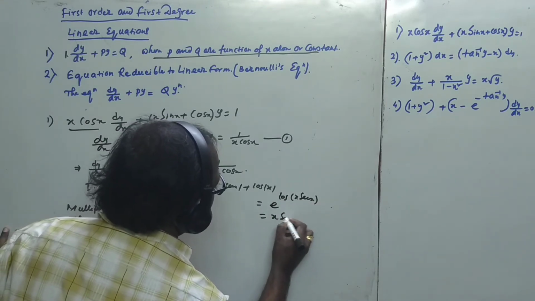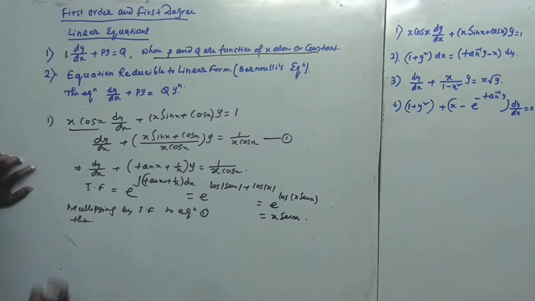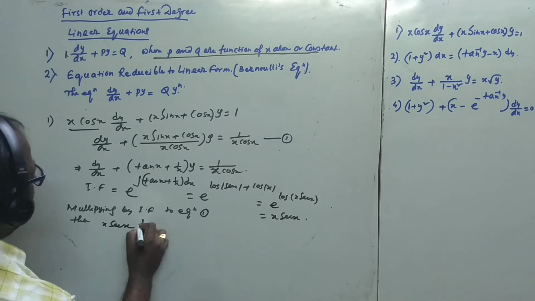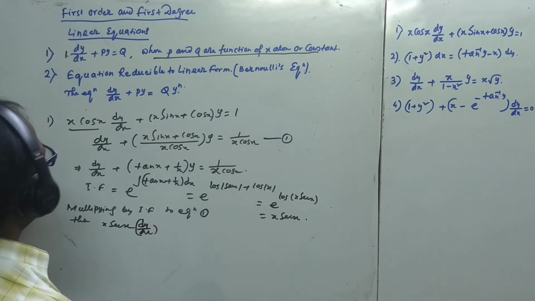Then x sec x dy/dx, and the right side is equal to x sec x times 1 by x cos x.